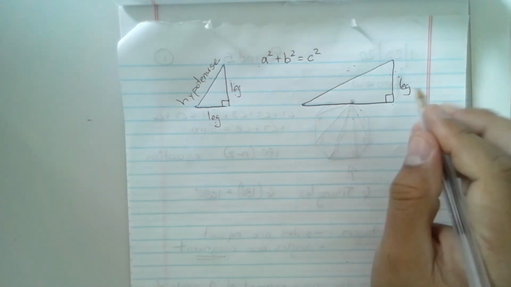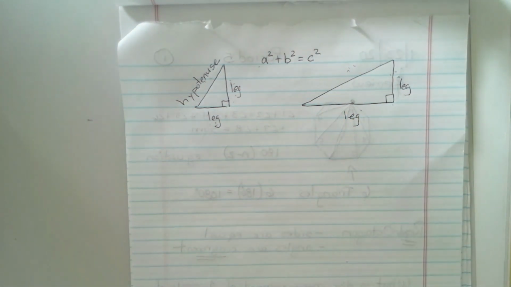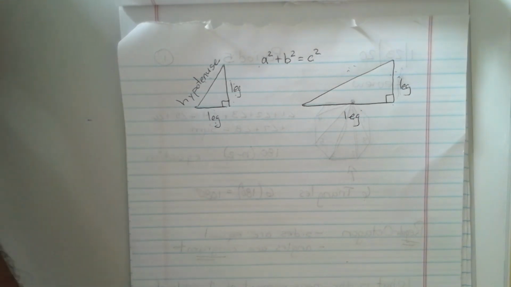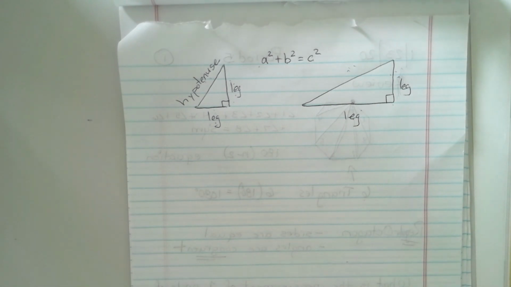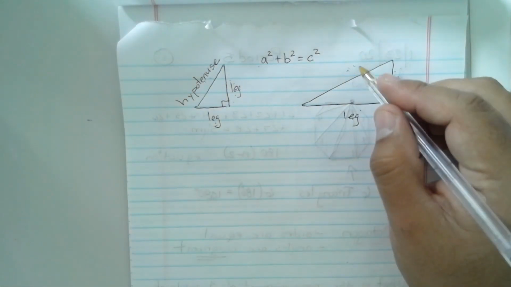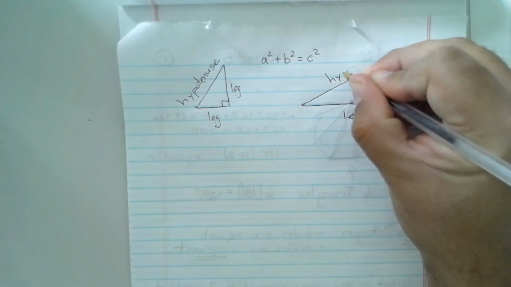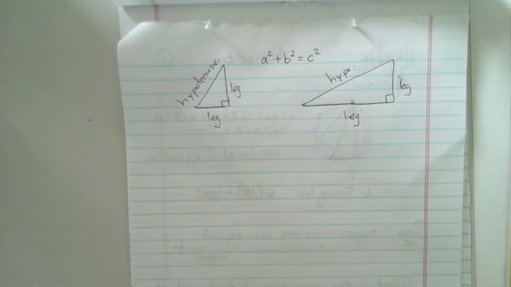And what is this side called? All right, those two are your legs. Now, if those two are your legs, what is this side called over here? The what? Very good. I'll go ahead and abbreviate it.